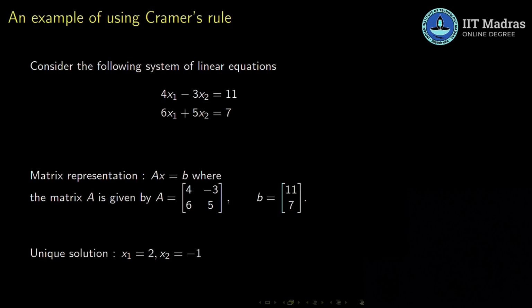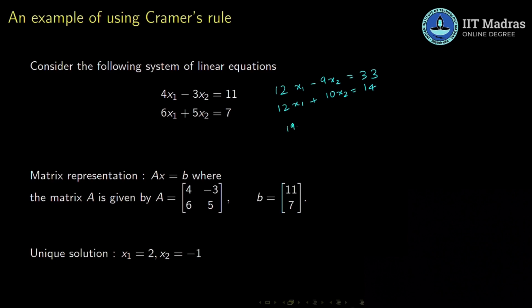Let us quickly go through how. We can multiply the first one by 3 to get 12x1 minus 9x2 is 33. We can multiply the second one by 2 to get 12x1 plus 10x2 is 14, and then we subtract the first one from the second one.